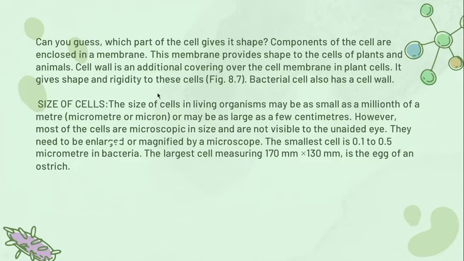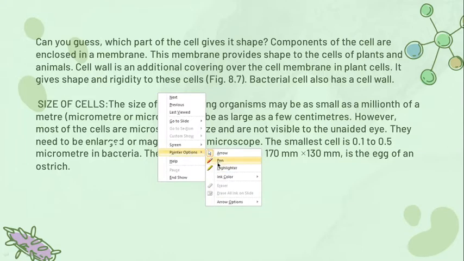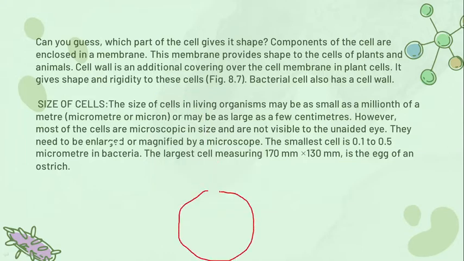For example, let us take this as a cell. This cell has a bounding membrane. Let us take it as M, which is the membrane.